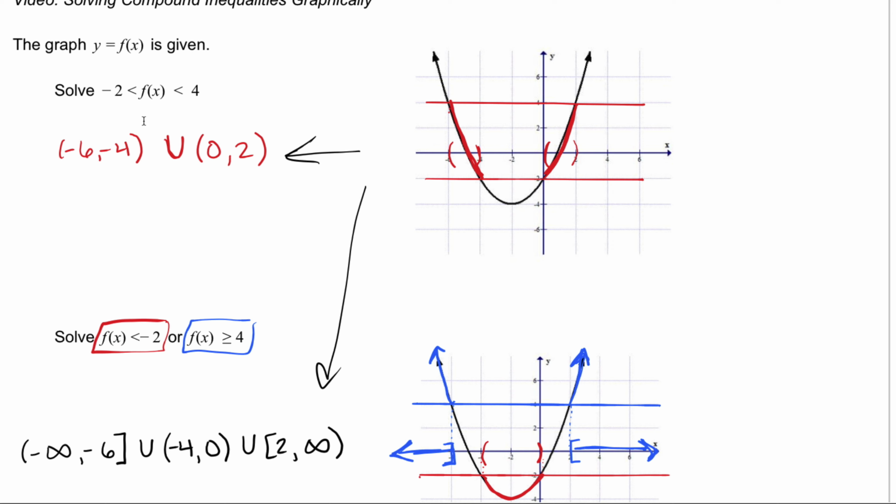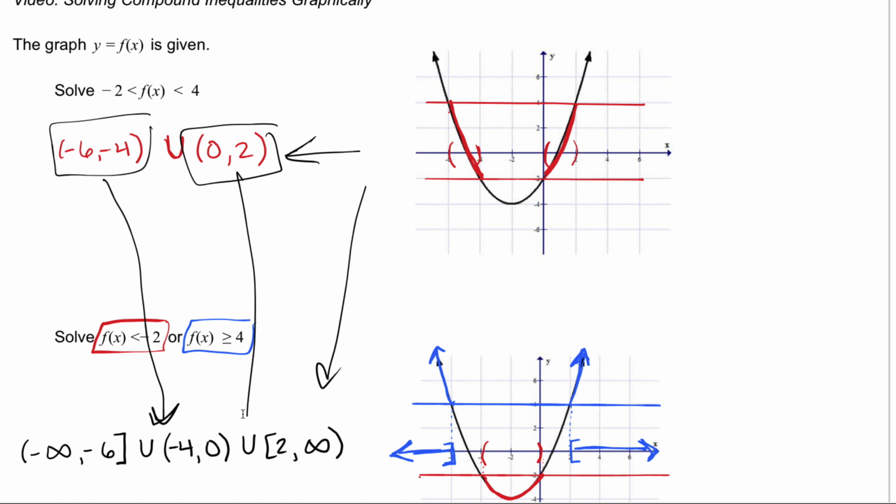You'll notice that this interval is what is missing in this little split here, and that 0, 2 is what's missing right there. It's kind of the way that I set up the problems, but it's also the way that this graph works, so if we want something between or something outside of that, that's the difference between the way that I set these problems up.